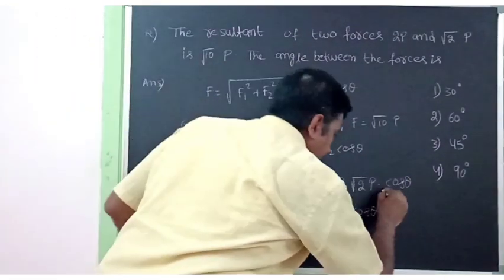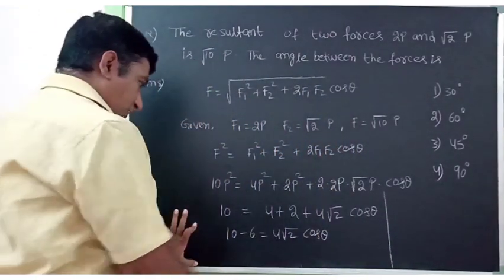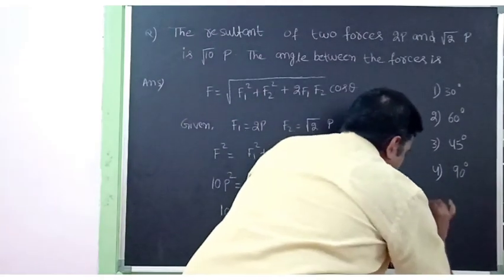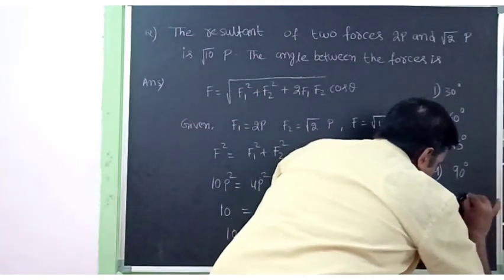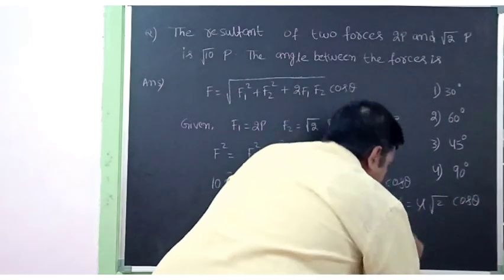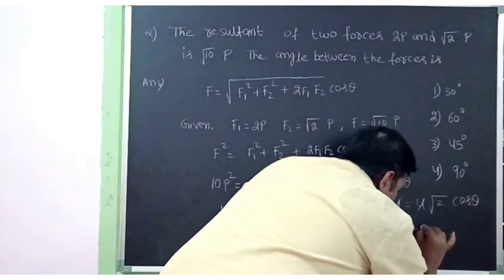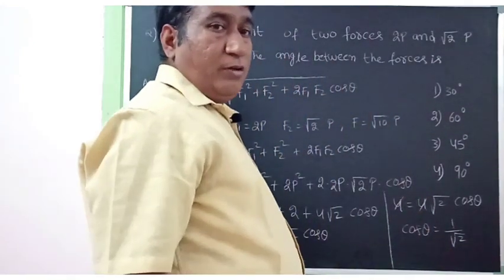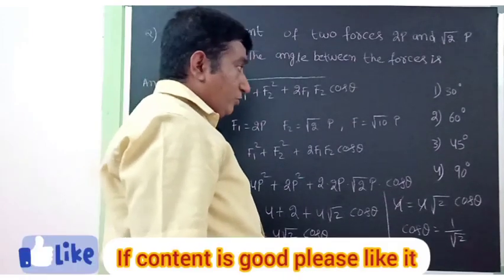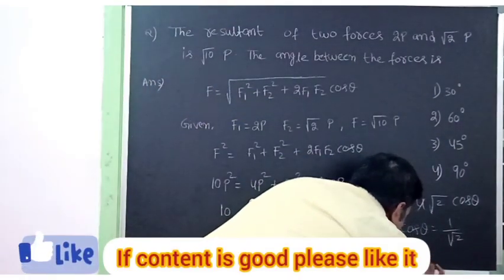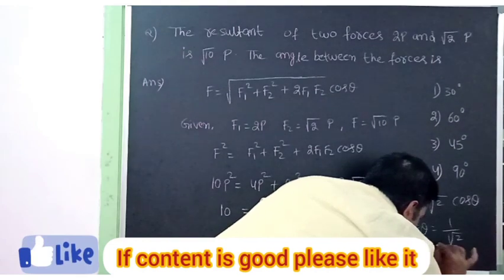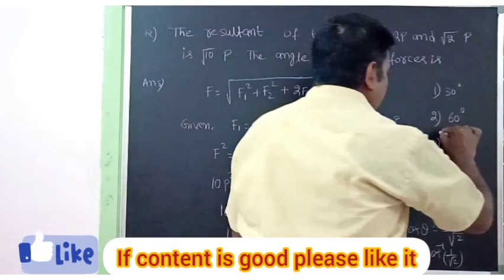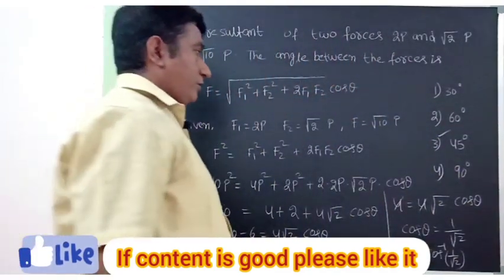With the help of this, I can write 4 is equal to 4 root 2 cos theta. 4 gets cancelled. So cos theta is equal to 1 by root 2. So theta is equal to cos inverse of 1 by root 2, and that value is nothing but 45 degrees.